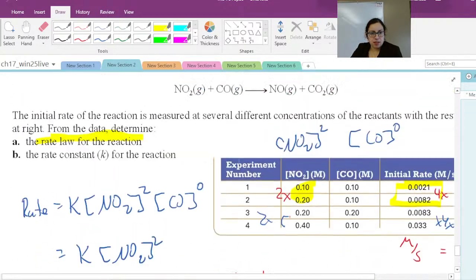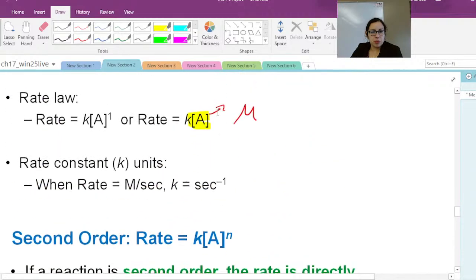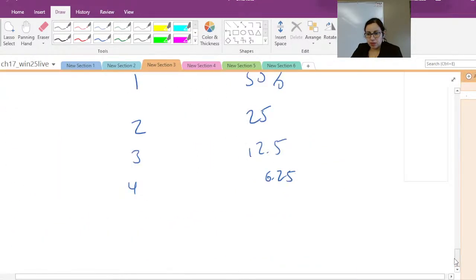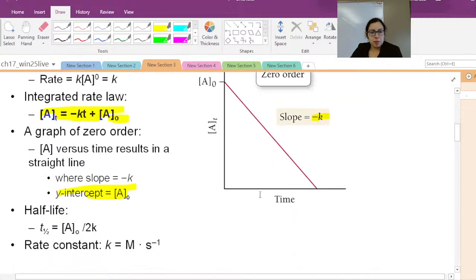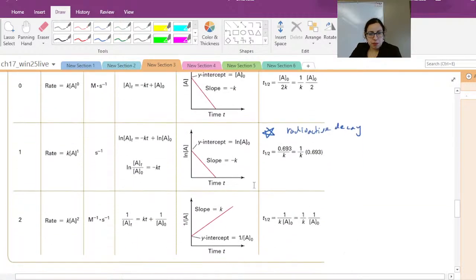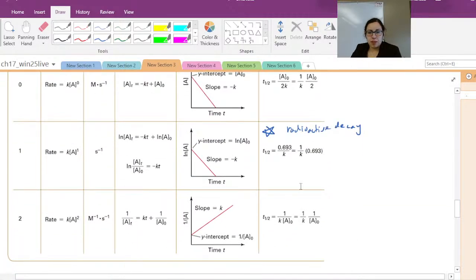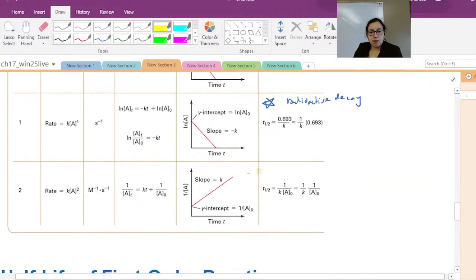Let me look at the formula, if I can find it. So you chose the second order here, so this equation? That looks good.